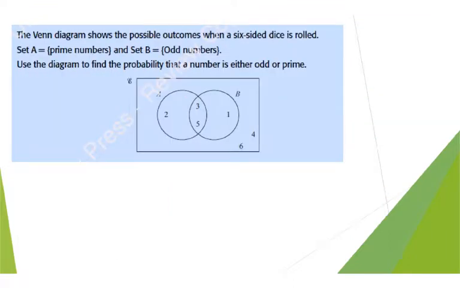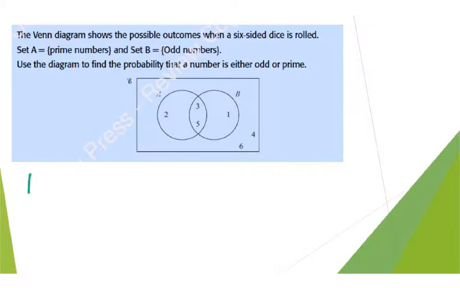The Venn diagram shows the possible outcomes when a six-sided dice is rolled. Set A represents prime numbers and set B represents odd numbers. Use the diagram to find the probability that a number is either odd or prime. The events are not mutually exclusive, so you need to consider the intersection of the two sets and subtract it so that you don't repeat any events.